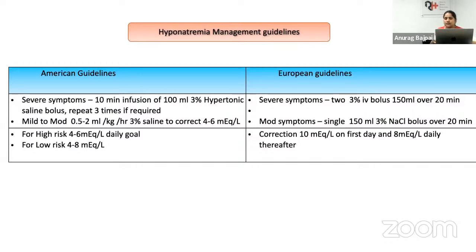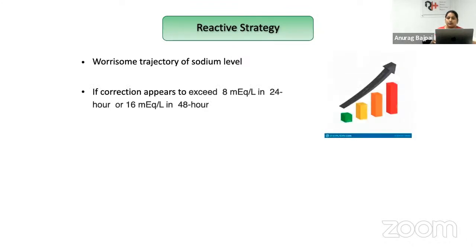While the European Society says the correction of 10 milliequivalent per liter on the first day and 8 milliequivalent per liter daily thereafter. So now coming to the reactive strategy: when should we go for this strategy? When the trajectory of the sodium level is really worrisome, when the correction appears to exceed 8 milliequivalent per liter in 24 hours or 16 milliequivalent per liter in 48 hours.